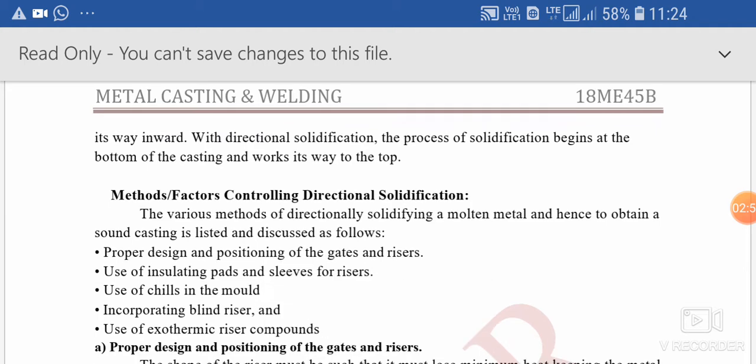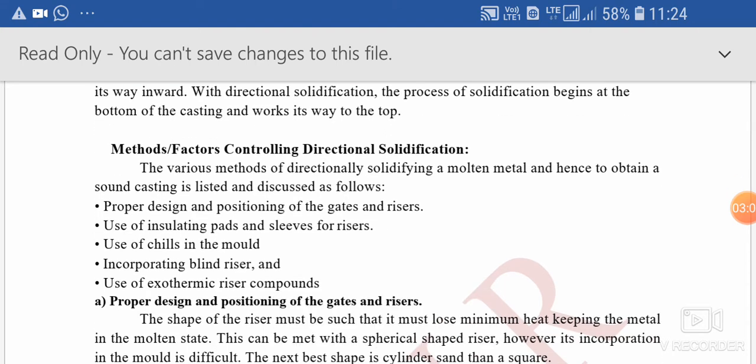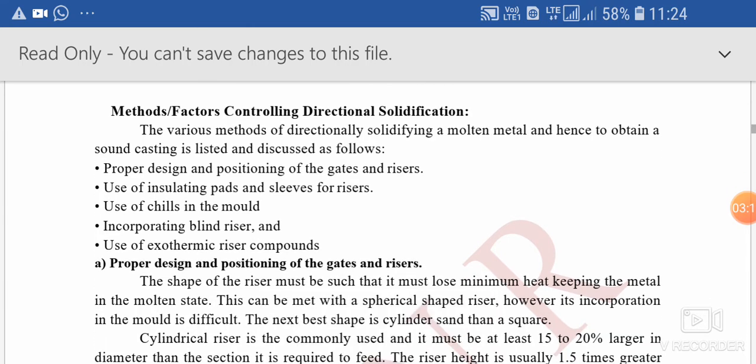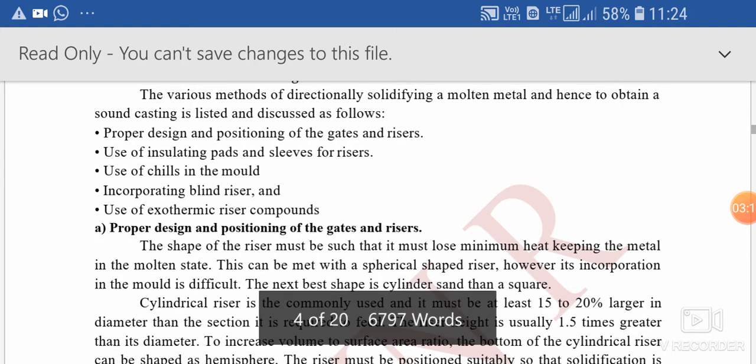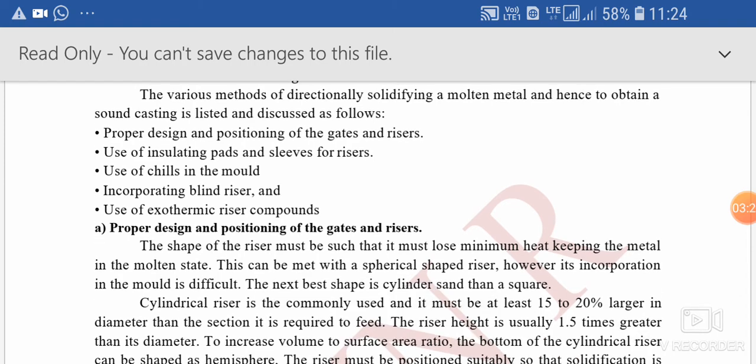Methods and factors controlling directional solidification. The various methods of directional solidification of the molten metal, and hence to obtain sound casting, are listed and discussed as follows. First, proper design and positioning of the gates and risers.